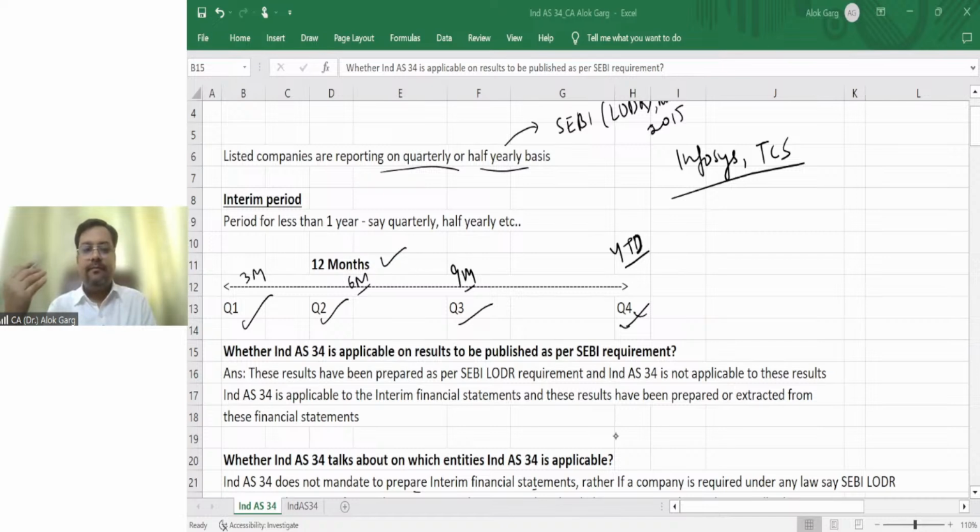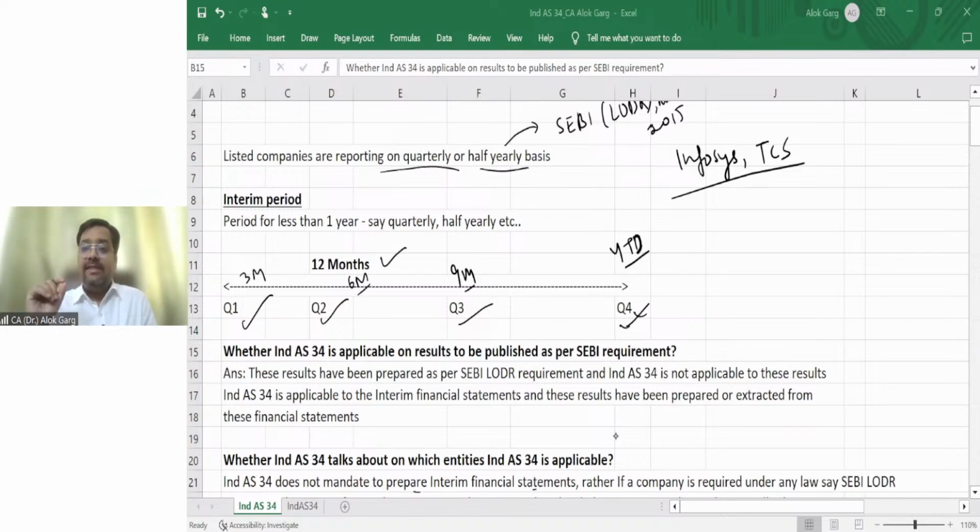For example, for the June quarter, the companies file their results by 14th August. For September quarter, it is 14 November. For December quarter, it is 14 February. But for March quarter, the time period is 60 days, so it is up to 31st May, right?